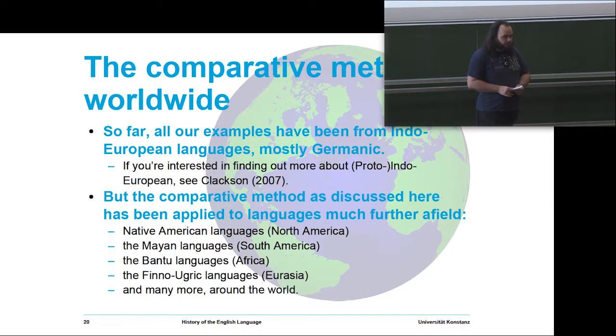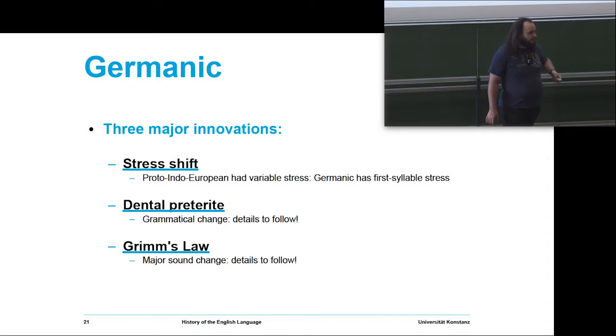Much as archaeology is interesting in its own right and history is interesting in its own right. We can be interested in reconstruction because it allows us to go further back in time. We can figure out what a prehistoric or pre-written record society would have looked like, or in this case, what they would have sounded like.